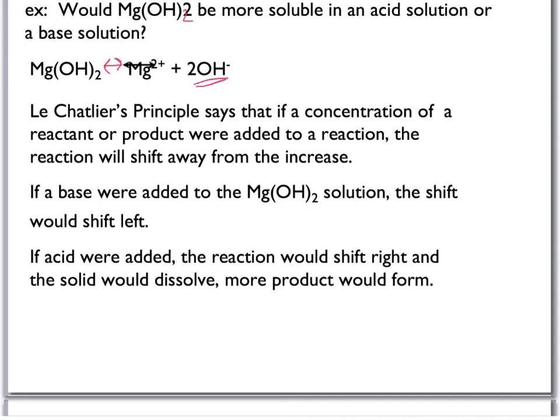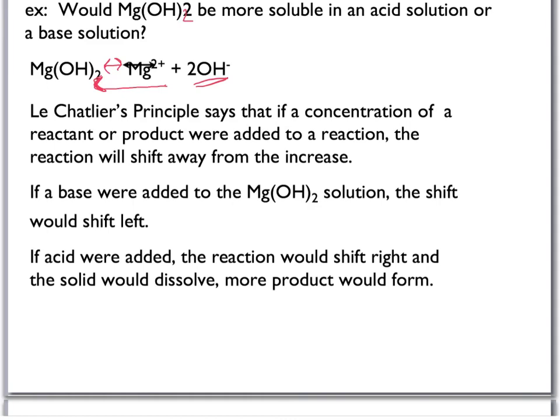When we stress that system, the reaction will want to shift this way to relieve that stress, because the shift occurs away from the increase. So if we added more base to this reaction with the magnesium hydroxide, we would cause more solid to be formed, or it would be less soluble. And that's another idea of the common ion.